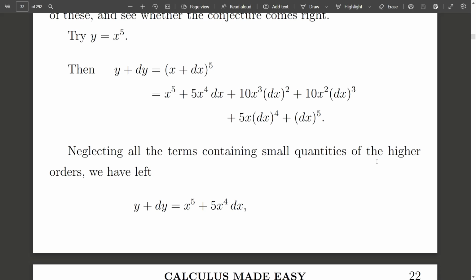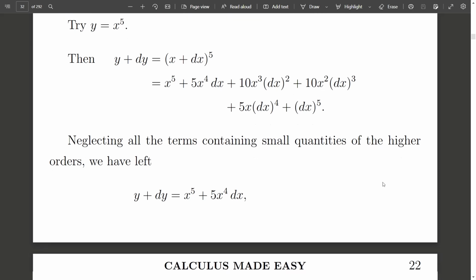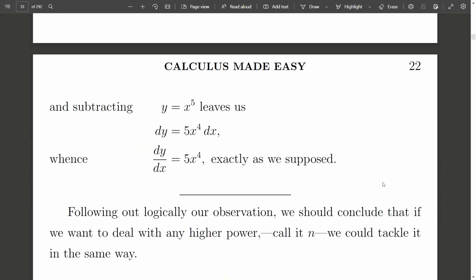Neglecting all of the terms containing small quantities of the higher orders, we have left y plus dy is equal to x to the power 5 plus 5x to the power 4 times dx. And subtracting, y is equal to x to the power 5 leaves us dy is equal to 5x to the power 4 times dx, whence dy over dx is equal to 5x to the power 4, exactly as we supposed.